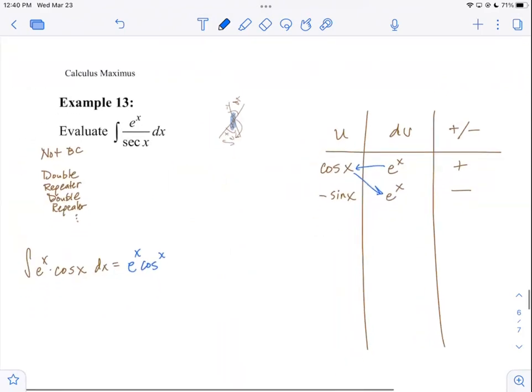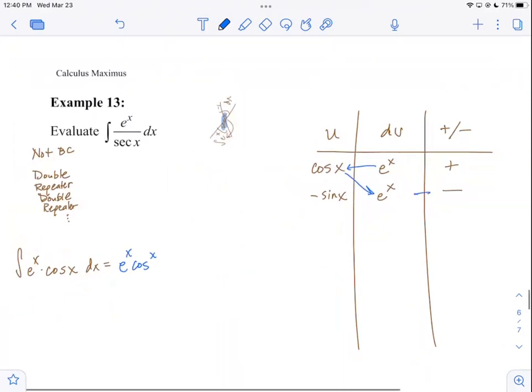Now, here, when are we going to stop? Well, I don't know. Let's go to the next. Minus. Well, let's keep going. The next column will be negative cosine of x, and the antiderivative of e to the x is e to the x. So the next product was going to be this, right?